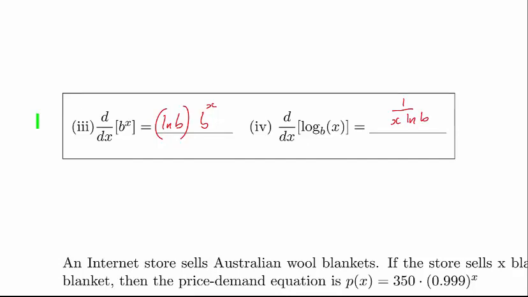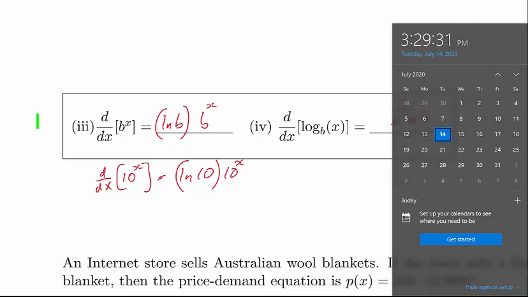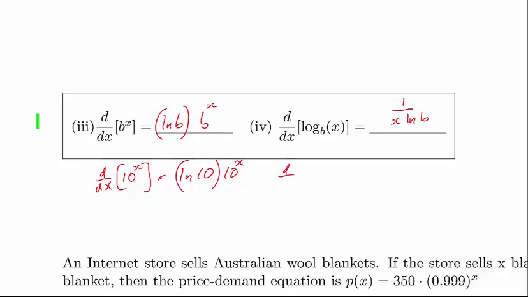And so I'll give you a few quick and dirty examples down here. If we take the derivative of 10 raised to the x, well, that's going to be the natural log of 10 times 10 raised to the x. And so over here, let's say we take the derivative of just log of x.